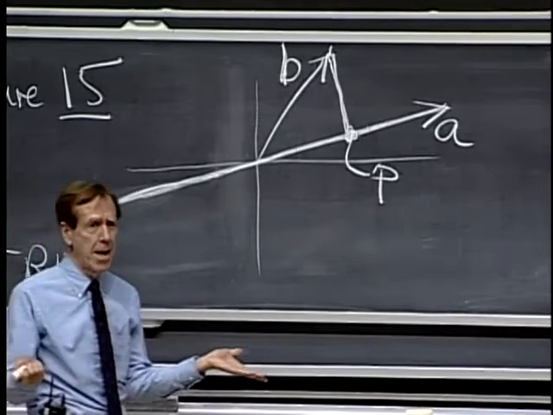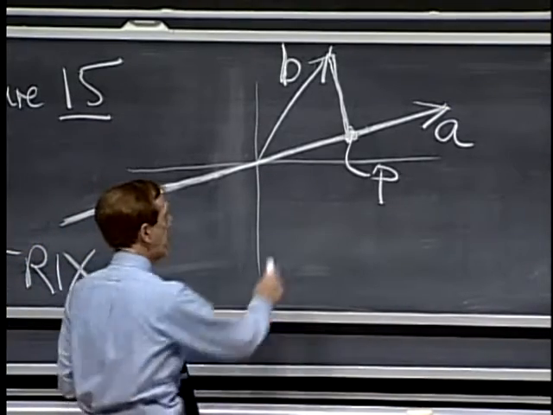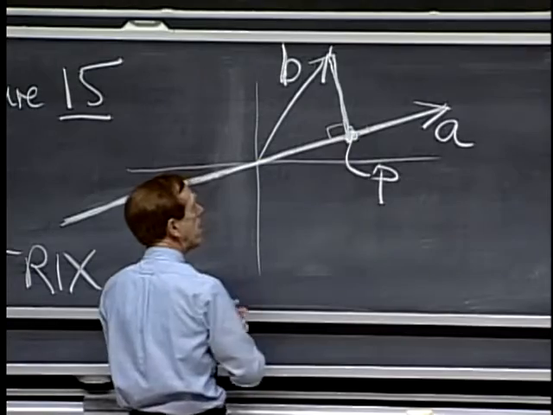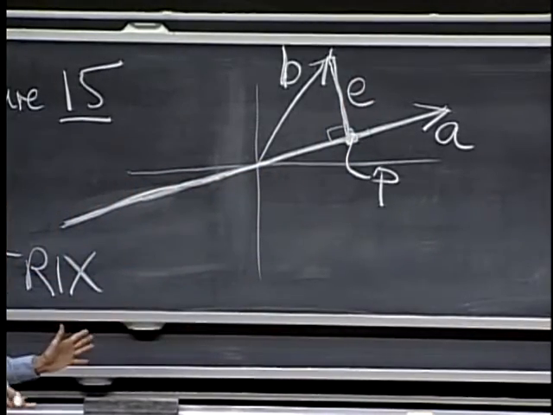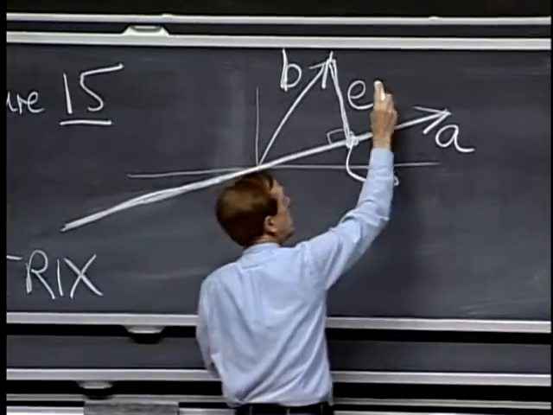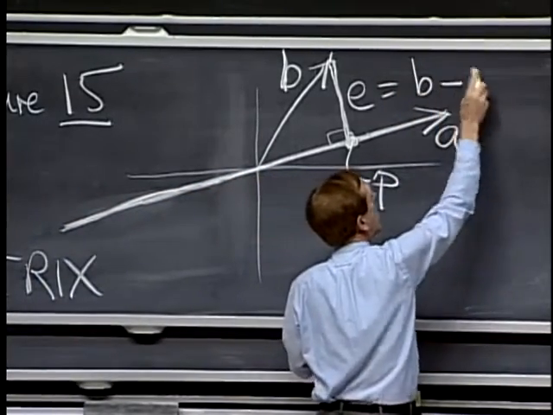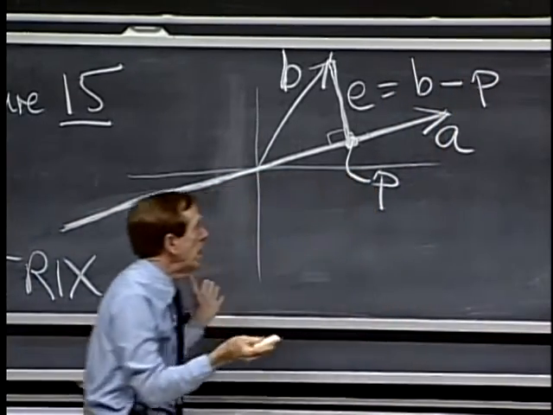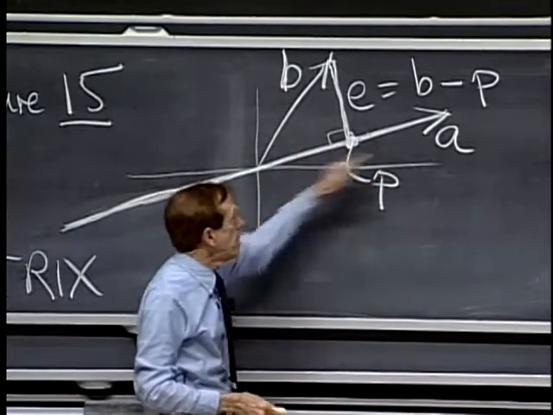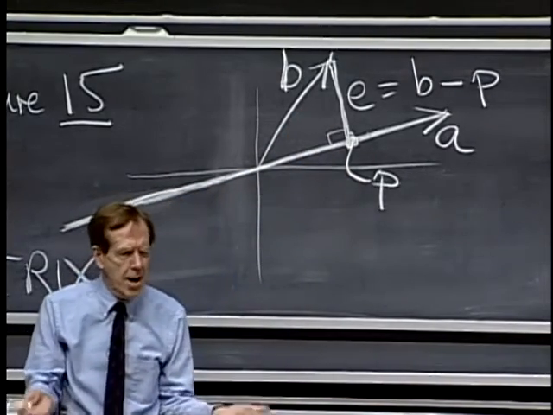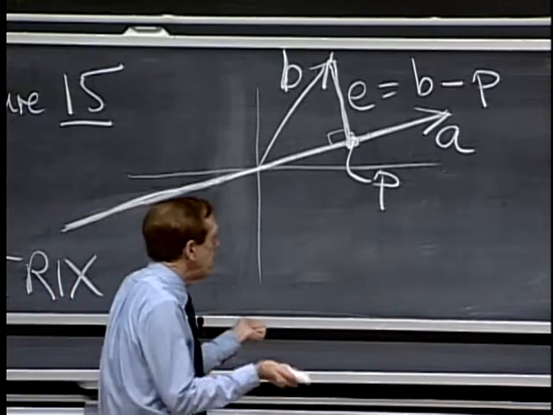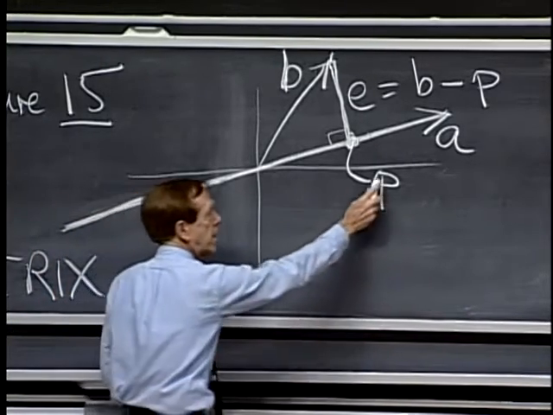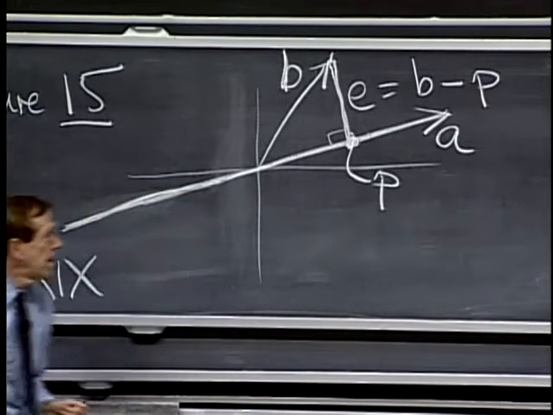Where's orthogonality? It's the fact that that's a right angle. The error, this is like how much I'm wrong by. This is the difference between B and P. The whole point is that's perpendicular to A. That's got to give us the equation. That's the one fact we know, that's got to tell us where that projection is.